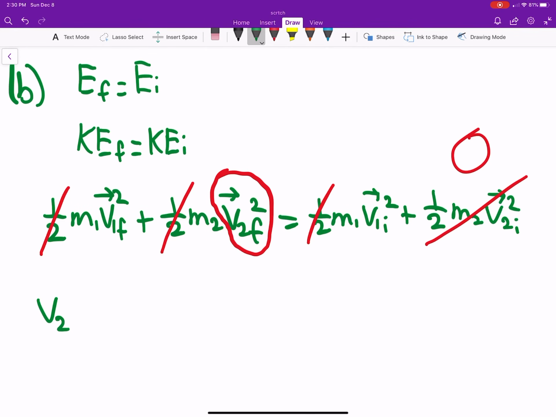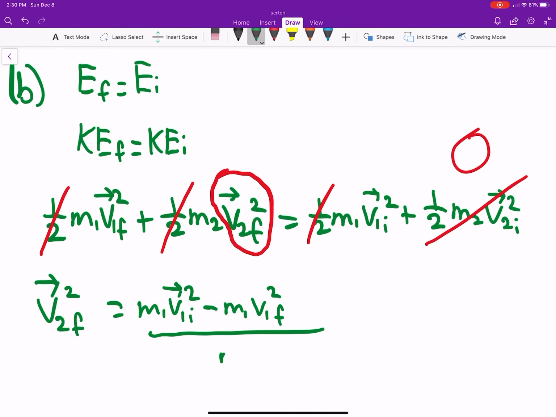So v2 final squared is equal to m1 v1 initial squared minus m1 v1 final squared, all divided by mass 2.